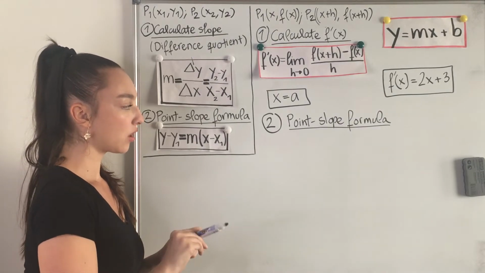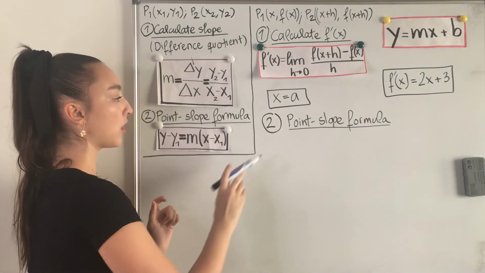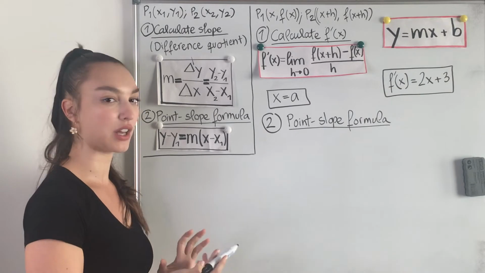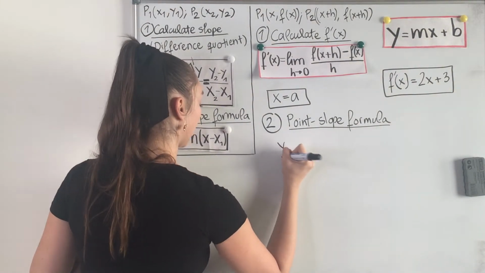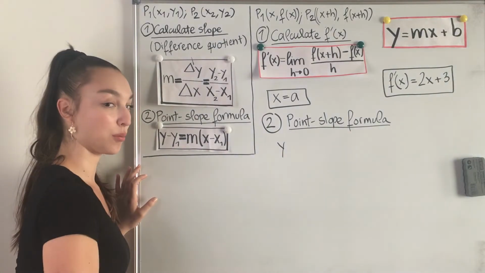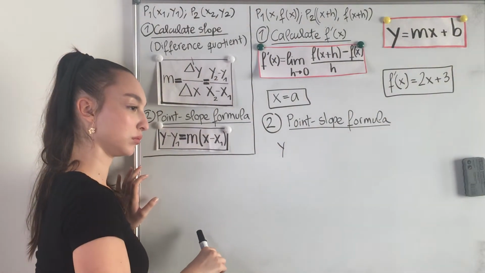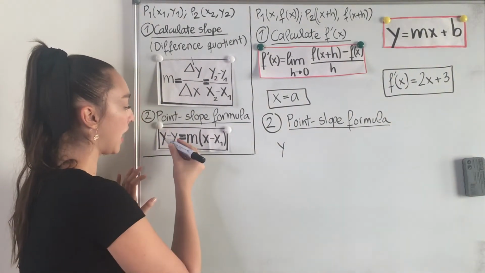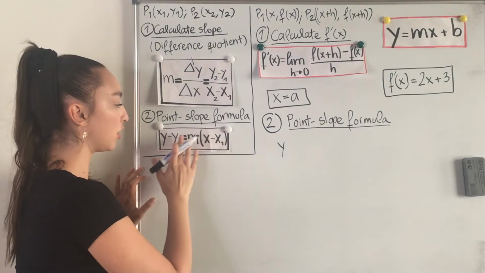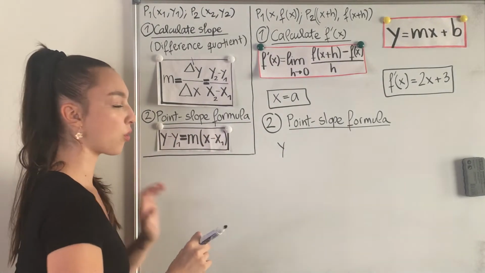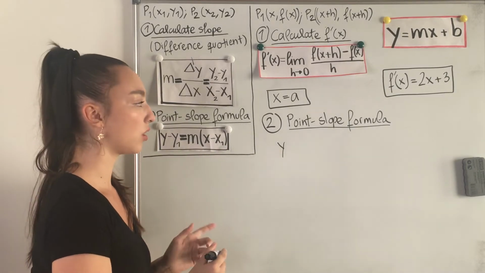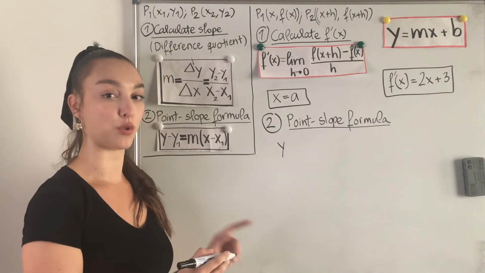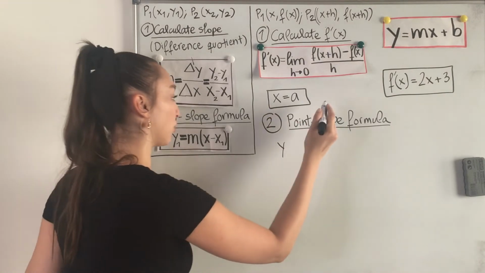Now, we're going to use the point slope formula, but we're going to write it down in a different way. So in this case, we got y. Now we're going to keep y and x as variables as always. And in the point slope formula, we use the coordinates of one point. In this case, we're going to do the same. We're going to use the coordinates of one point, that is x equals a.